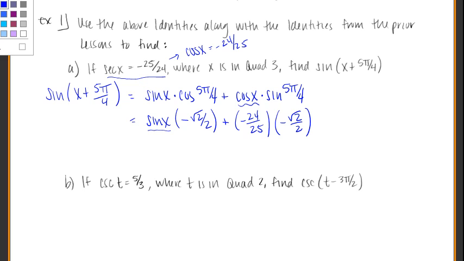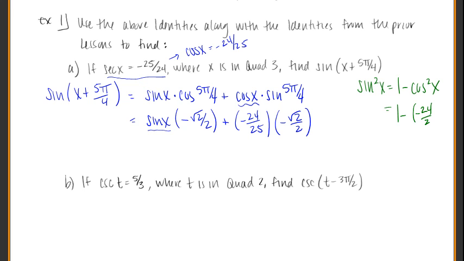So let's find that sine of x. Well, I know that sine squared x is 1 minus cosine squared x. Cosine x is negative 24 over 25, and if I'm going to square it, it's going to be 1 minus 24 squared over 25 squared. 24 squared is 576, and 25 squared is 625.